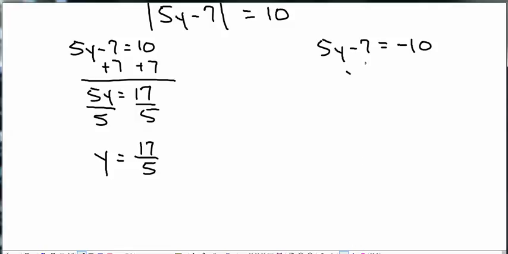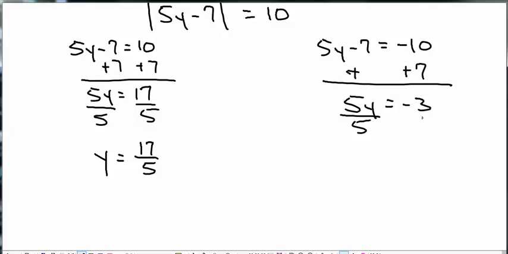And over on this equation now you got to add 7. So those are your two solutions.